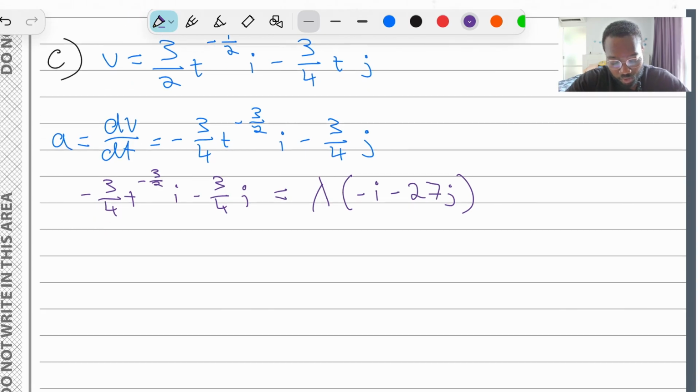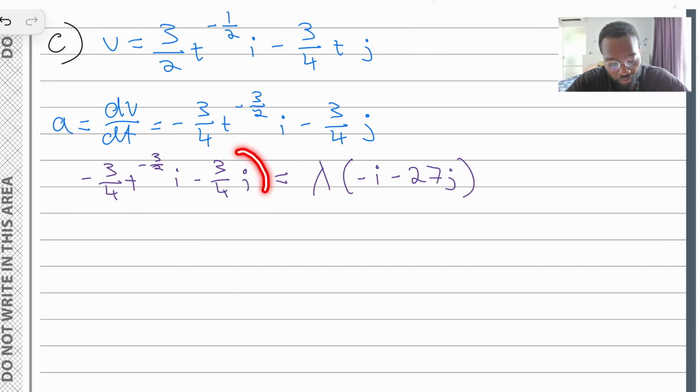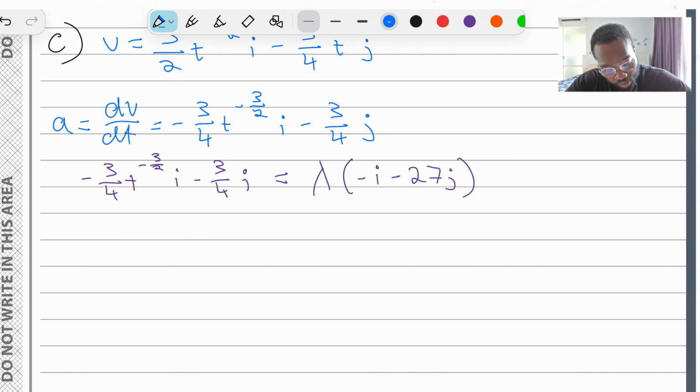So in this case, we actually can work that out. We can work out what lambda is straight away, because if you look, we have a minus 3 over 4j, and that would be equal to lambda times minus 27j.